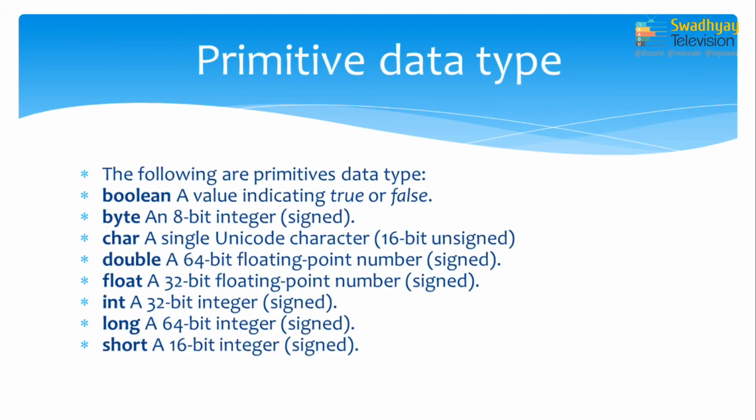On screen you can see the various data types and the values they can take, with their sizes. First is boolean, which, as mentioned earlier, indicates either true or false. Byte is used to store an 8-bit integer value which is signed. Signed means positive and negative, both values are allowed. Then we have the character data type.